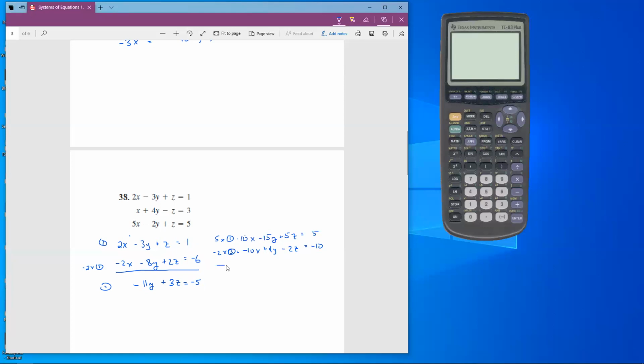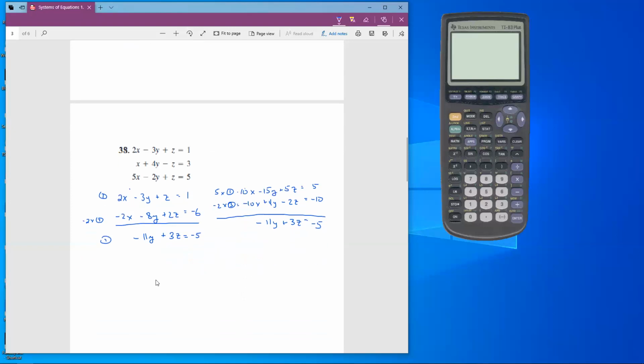And let's go ahead and add that and sort that out. Okay, so the x's are going to cancel. We've got negative 15y plus 4y. That's negative 11y. And then we have 5 minus 2. That's going to give me a plus 3z. And if we add these two together, we should get a negative 5. And then let's go ahead and summarize.